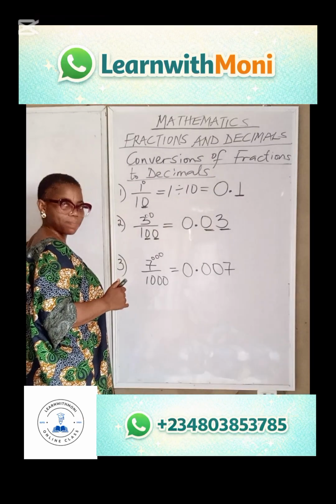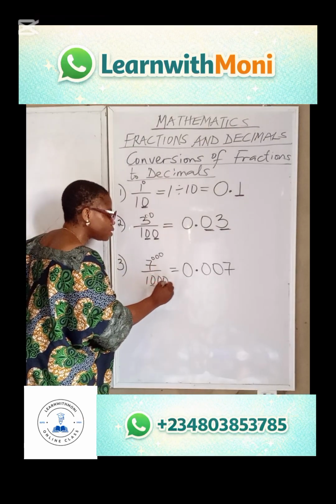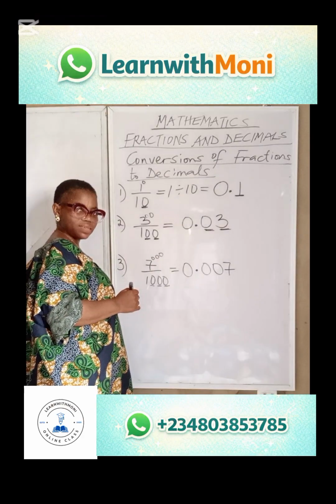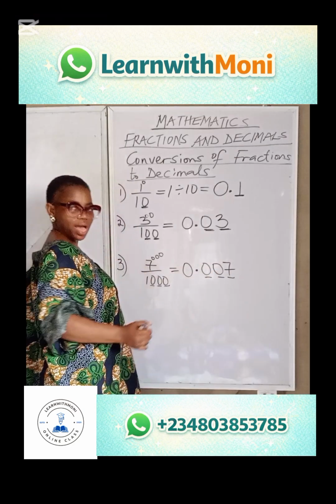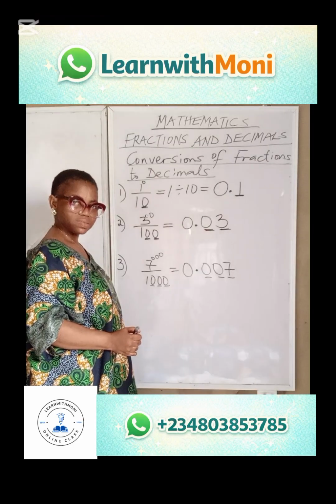That is 2 decimal places. What these 3 zeros in the denominator with 1000 signify is that at the back of this decimal point, I'm going to have 3 digits, which are 3 decimal places.